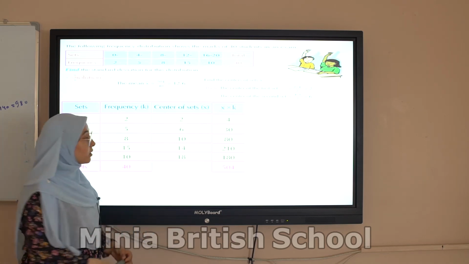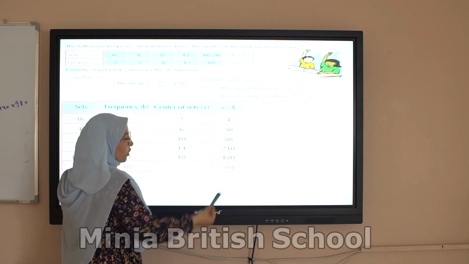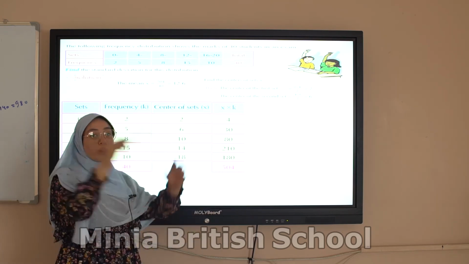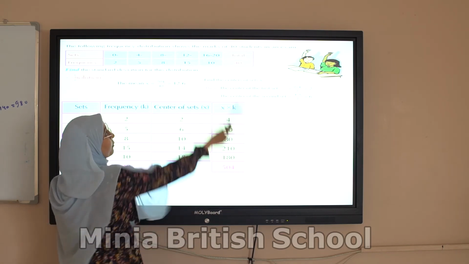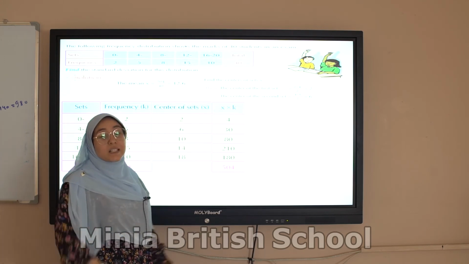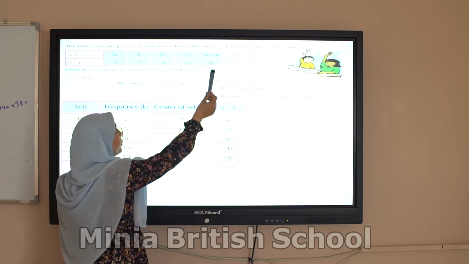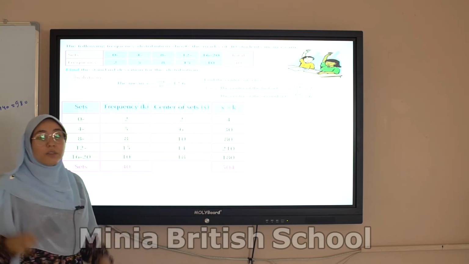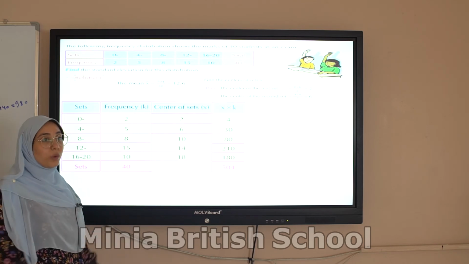Okay. So the summation of x times k equals 504, and the summation of the frequency from the problem is 40 students. So x bar equals 504 divided by 40 equals 12.6.